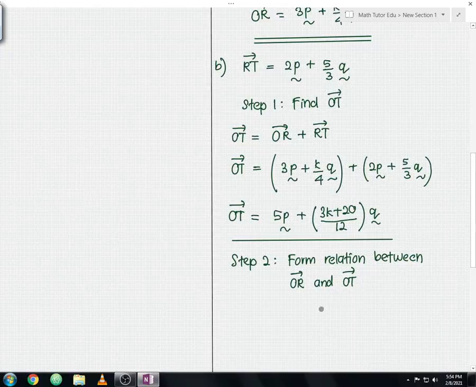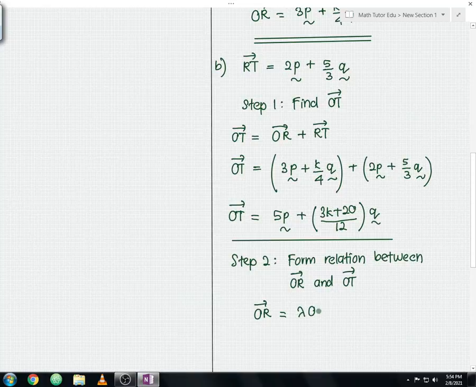Since point O, point R, point T are collinear, we can form this relation where vector OR is equal to lambda vector OT. This lambda is representing a scalar multiple value. You can write any unknown here, guys, it is up to you. In this case, I'm writing the lambda symbol here. Let me box this.